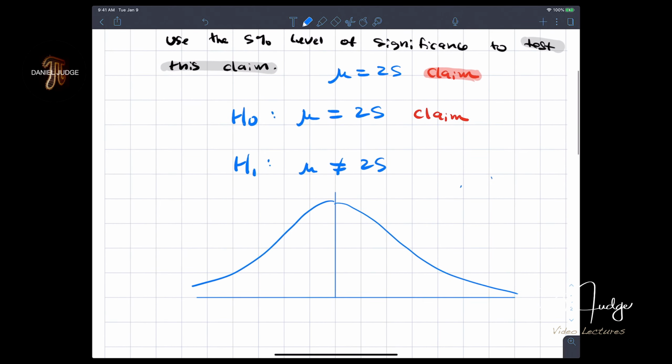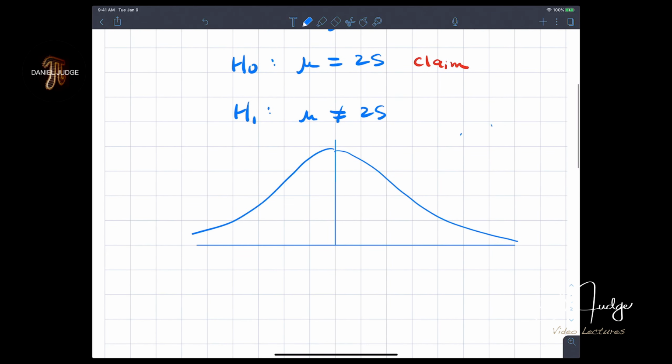This is going to be how we create the decision rule. Now, if you guys remember from yesterday, we talked about this. I mentioned this. What do you look at? Is this a one-tail test? Is this a two-tail test? How do you determine whether this is a one-tail or two-tail test? You have to look at something. What do you guys look at?